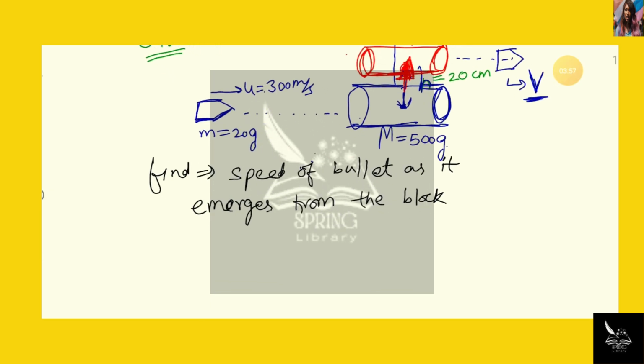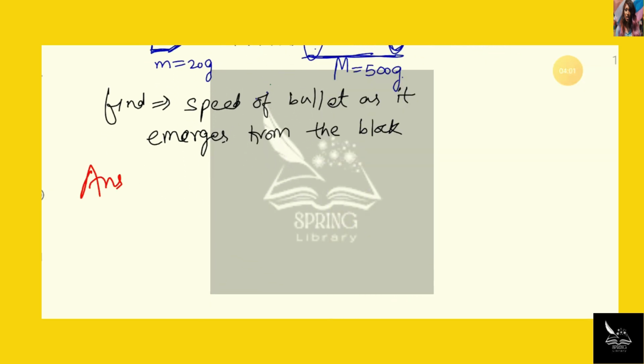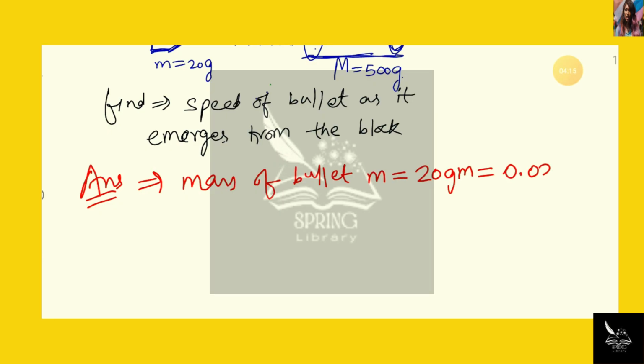In the answer I can say that the mass of the bullet is written as small m equal to 20 gram, that means in kg it is 0.02 kg.